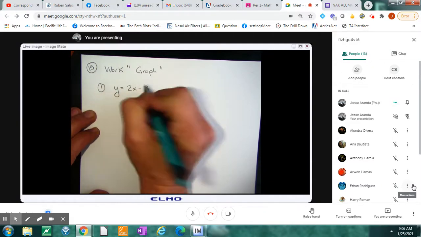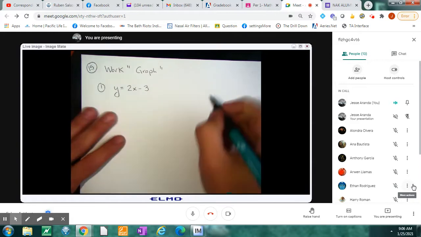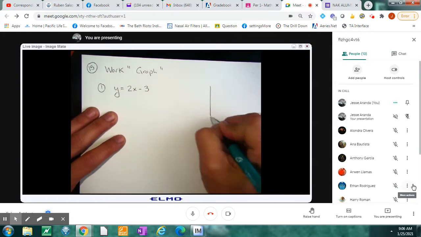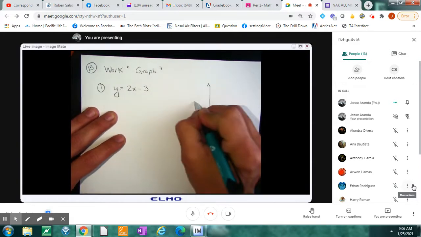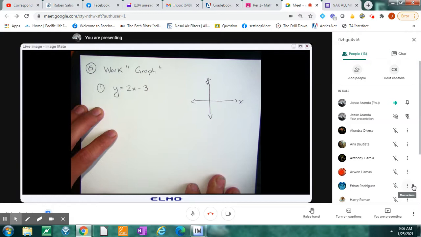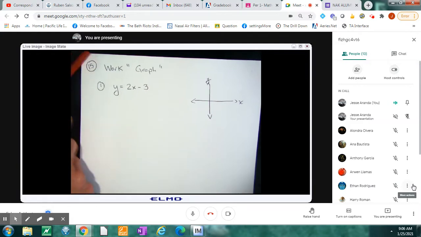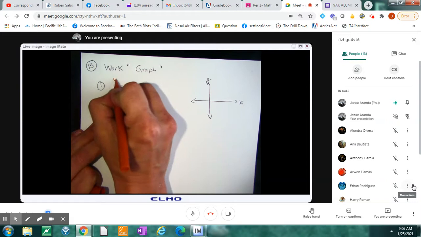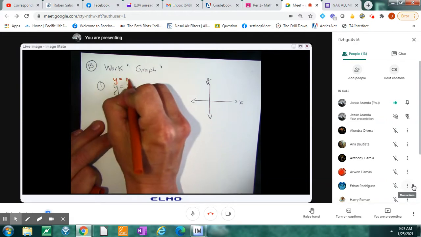Okay. So the first thing you should have done is at least drawn an x and y axis. Then you're going to determine whether you could graph this equation, so it has to be in the form of y is equal to mx plus b.